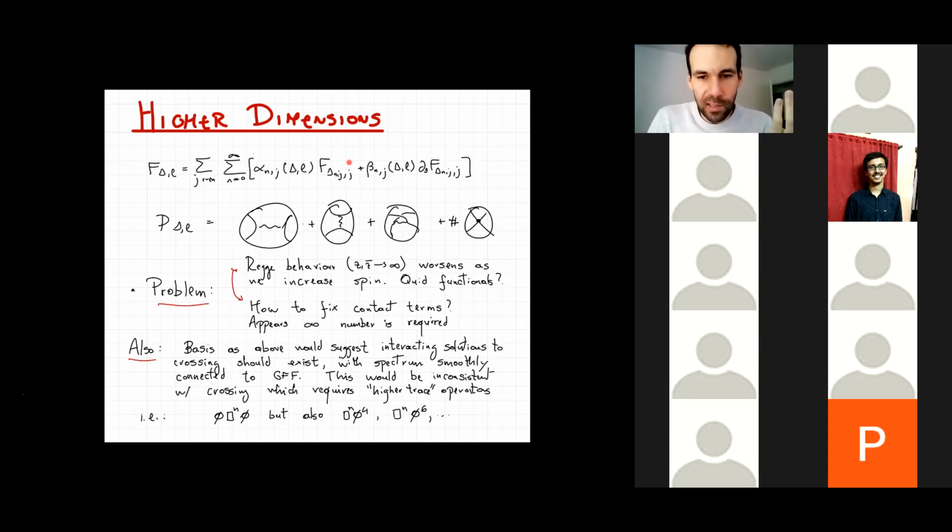But this is almost for sure not true, because in higher dimensions, there's an argument that I won't repeat here, that interacting solutions to crossing require higher trace operators. So whereas the operators with these scaling dimensions look like this, in higher dimensions, you must also have operators with higher insertions of phi's in order for crossing to be true.